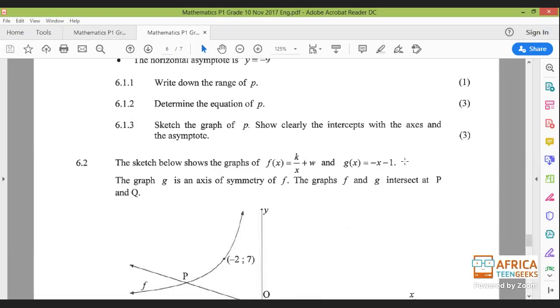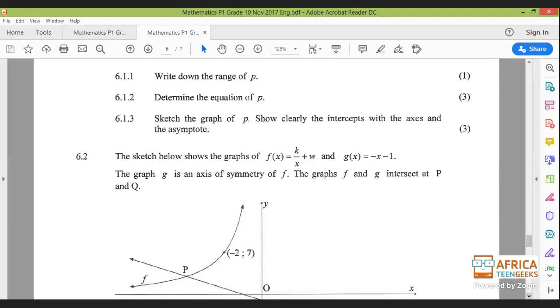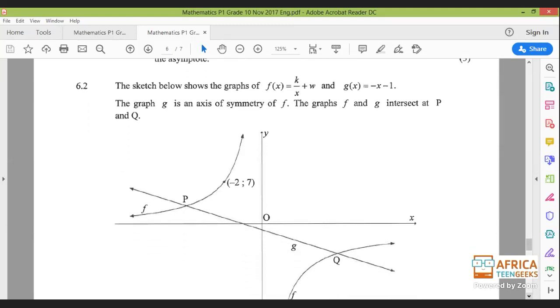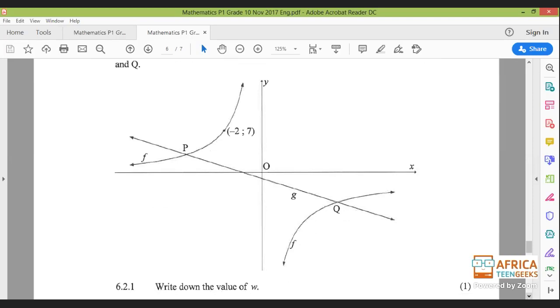Remember, since your line of asymptote is -1, which means your w is -1, now you must calculate the value of k, which means you must substitute this point (-2; 7). Where there is x, you must put -2. Where there is y, you must put 7. Then you can solve for k. After you have solved for k, you will have the complete equation.